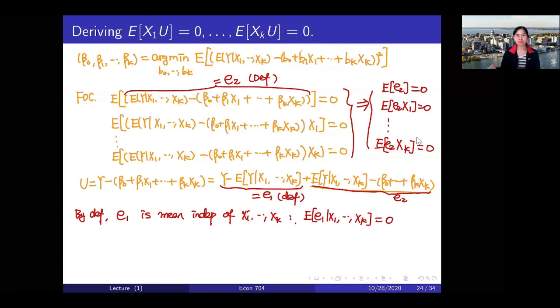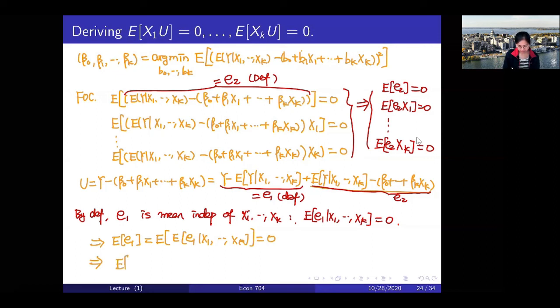And from the first half of the course, we know mean independence implies 0 correlation. So if the conditional mean given the x variables equals 0, first of all, it's going to imply the unconditional mean equals 0, because by the law of iterated expectation, that equals the expectation of the conditional mean, and that is the expectation of 0, which is 0. And also, mean independence implies 0 correlation.